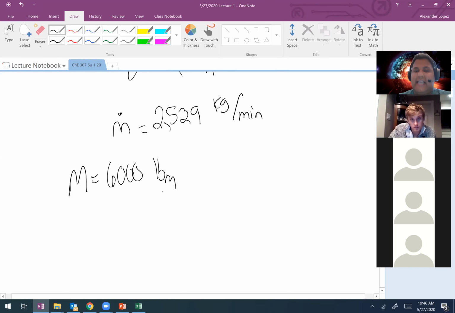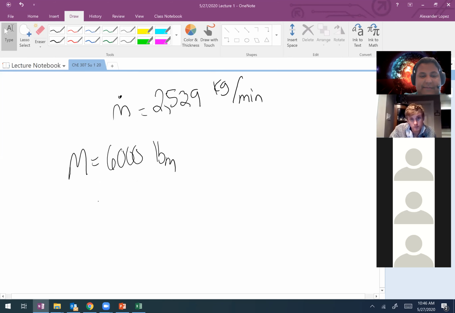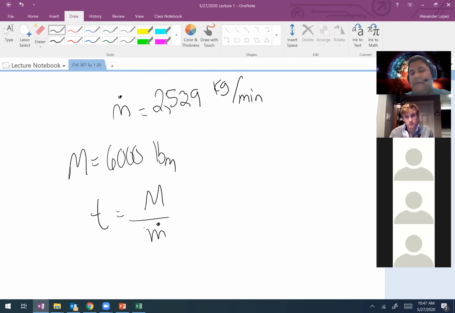Now, to find the time, we just simply need to take the total mass divided by the mass flow rate. But we can do one of two things. Since the total mass is in pound mass and our flow rate's in kilograms, we can either convert the kilograms to pound mass to do the calculation, or convert the pound mass to kilograms to do the calculation.